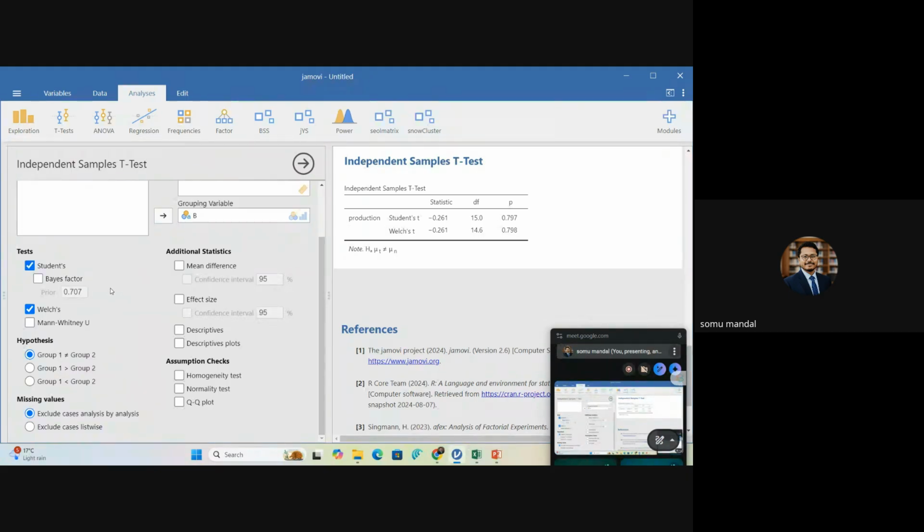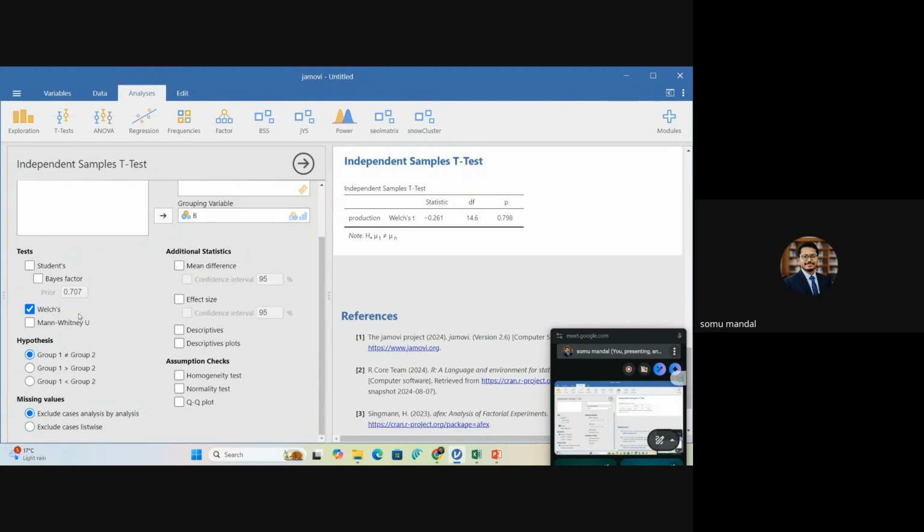If there is a normal distribution but no equal variance, then we select the Welch test. Do not randomly select all the menus and all the tests at a glance.